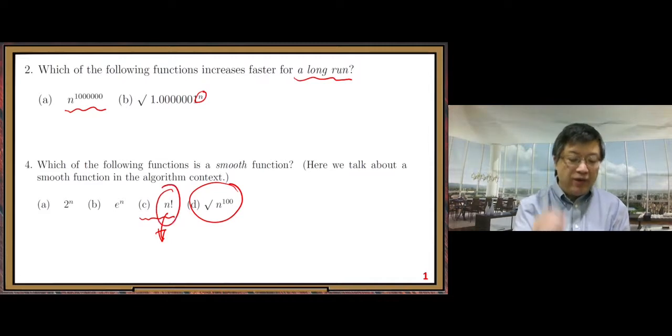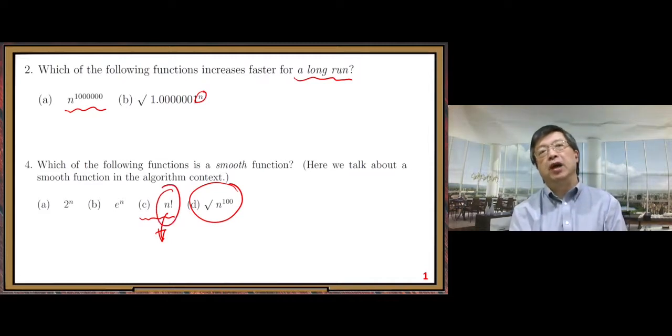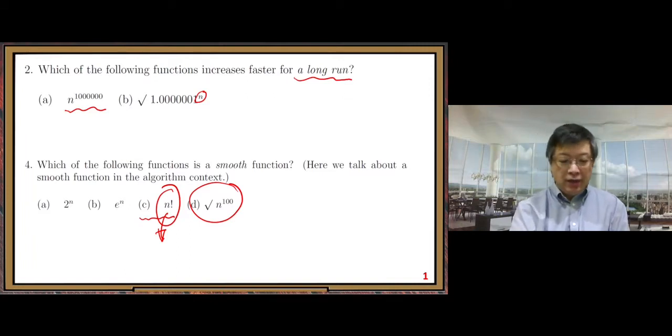They're not familiar with n factorial. Now, for n factorial, you need to go back to Stirling's formula. You need to know that. If you know that, n factorial is approximately n to the nth over e to the nth.